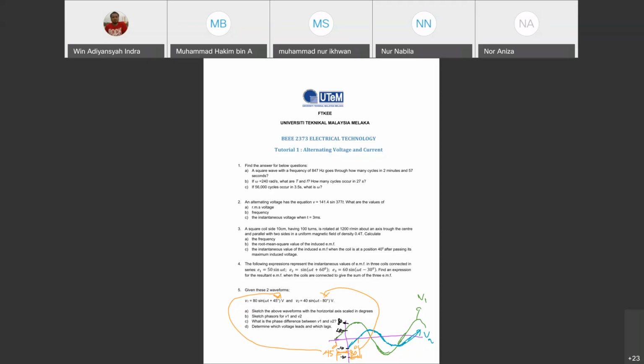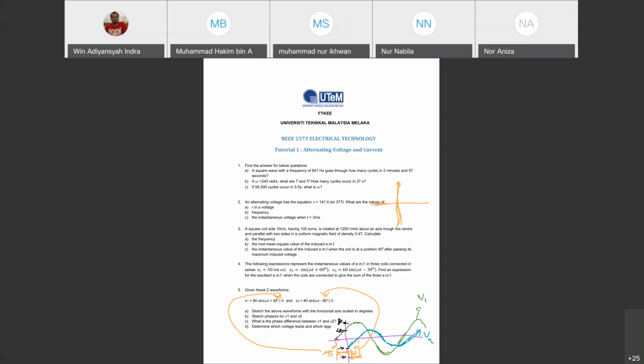Okay, so that's A, the sketch of the waveforms of V1 and V2. B, sketch phasors for V1 and V2. So basically phasors are on the XY plane, for example. Okay, V1's degree is plus 45.